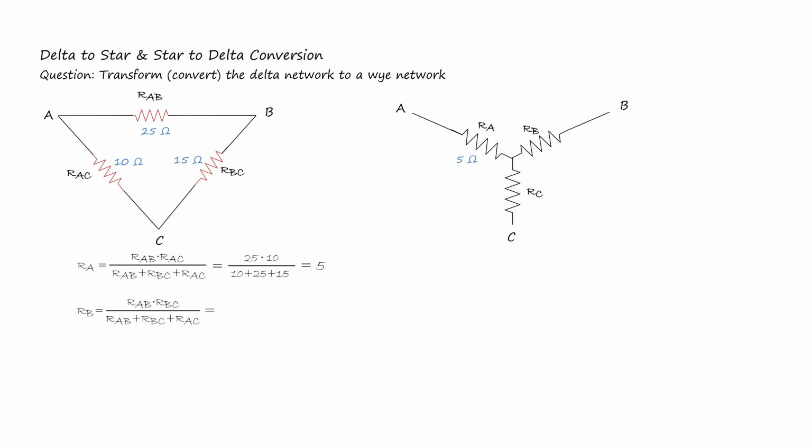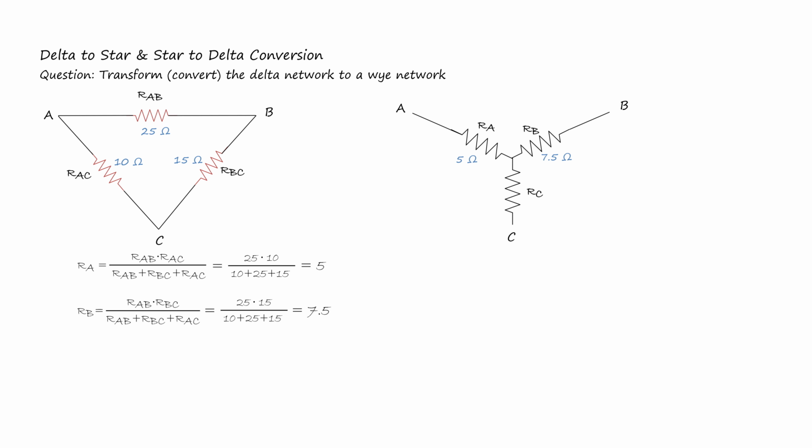So RB is equal to 25 times 15 over the sum of the three resistors in delta, which gives us 7.5 ohms. So in the Y network, RB is 7.5 ohms.